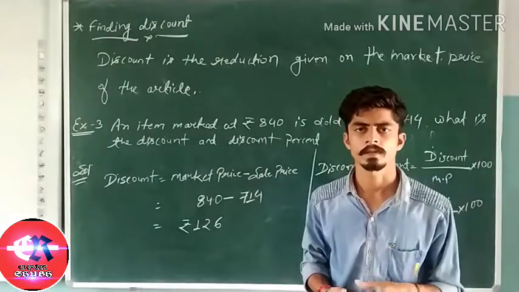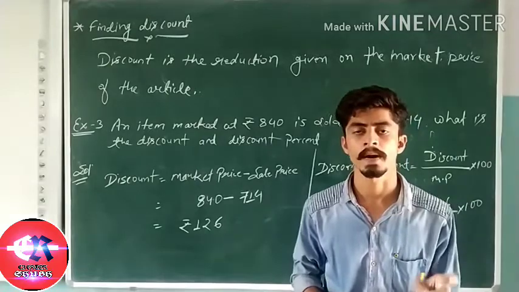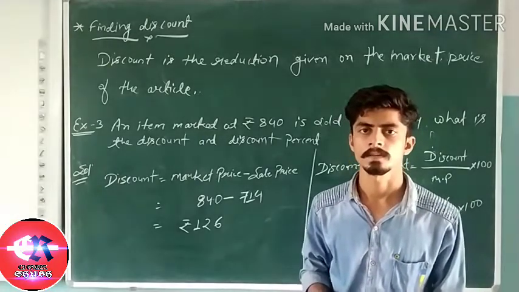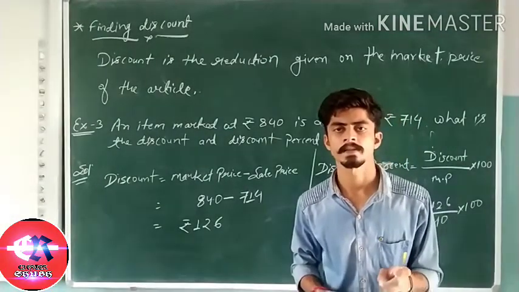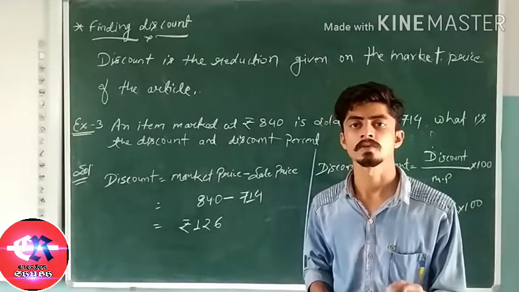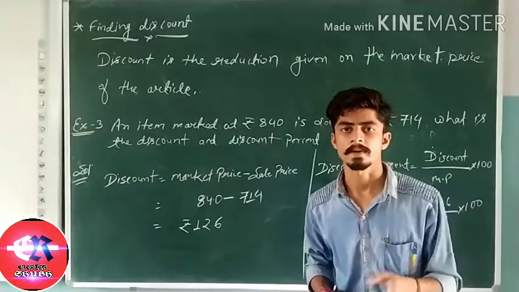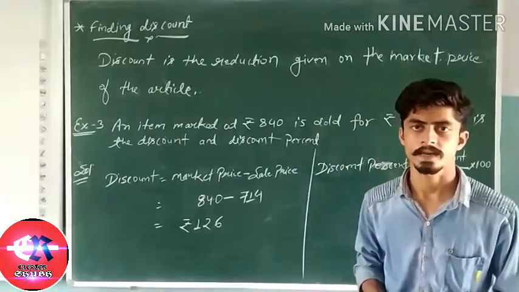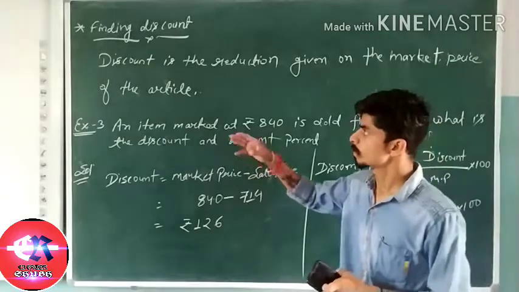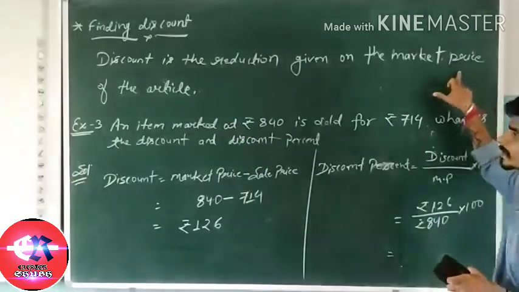So for the same example, rupees 1000 is the market price, the price which is decided by the shopkeeper, but the price at which he sold that particular item is called the sale price or selling price, SP. So what is discount? Discount is the reduction given on the market price.